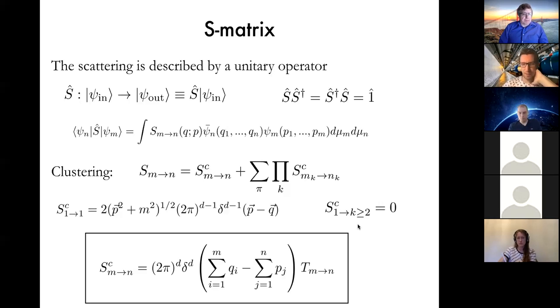And then, because the theory is relativistic, the connected matrix elements have this momentum-conserving delta function, and what multiplies it is T, which will be, of course, the main character. So this is very general. It's probably even true in gravitational theories, even though it's harder to prove. Anyhow, these are general facts.